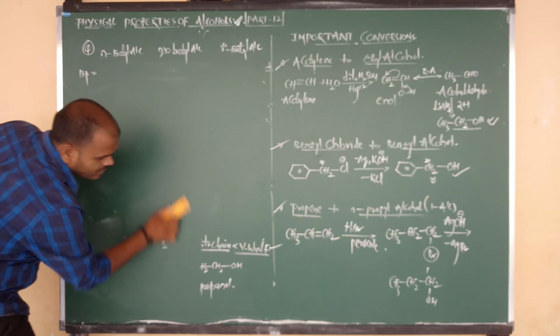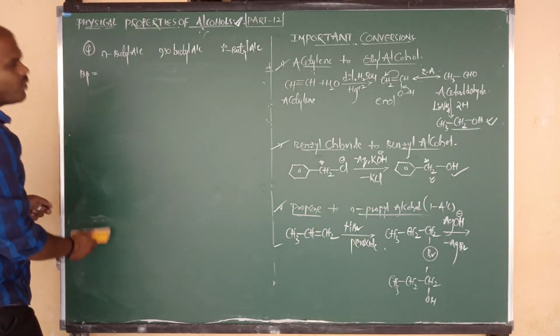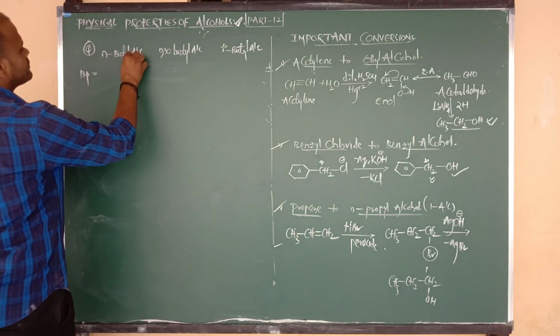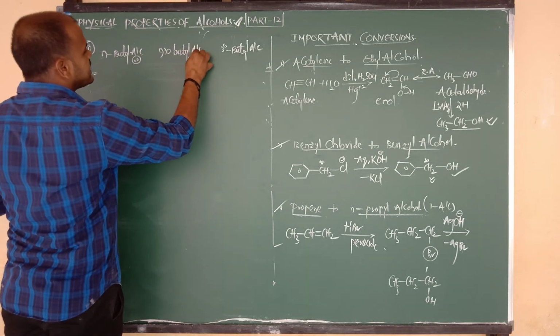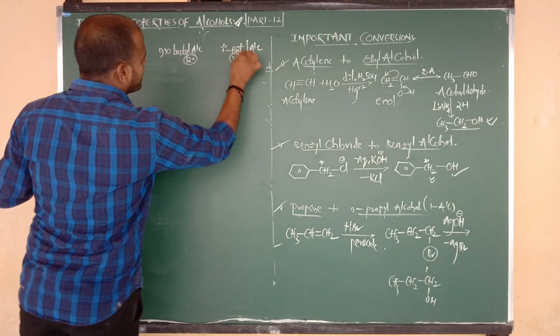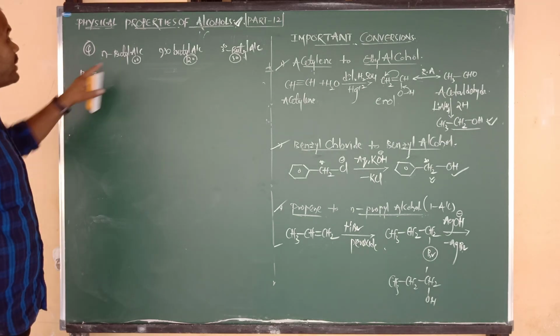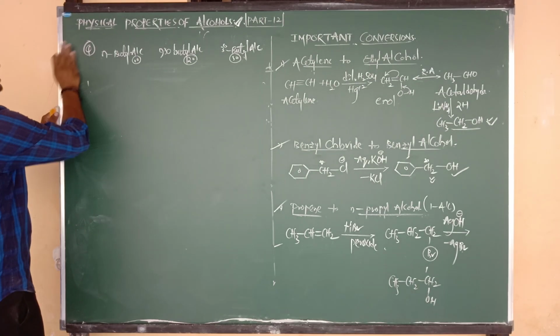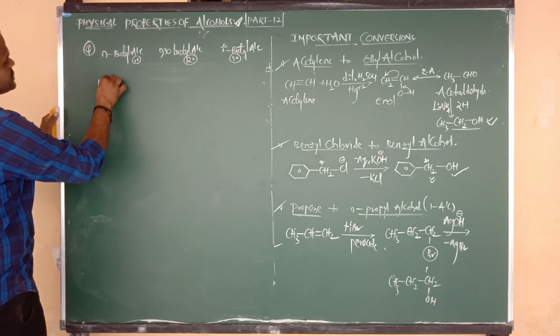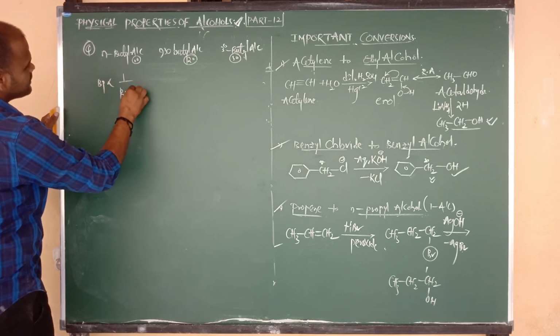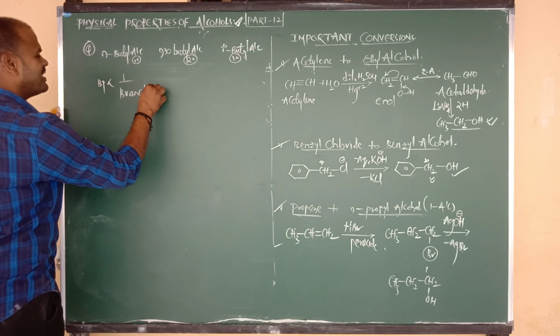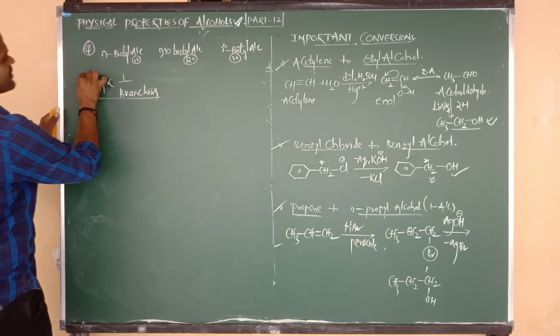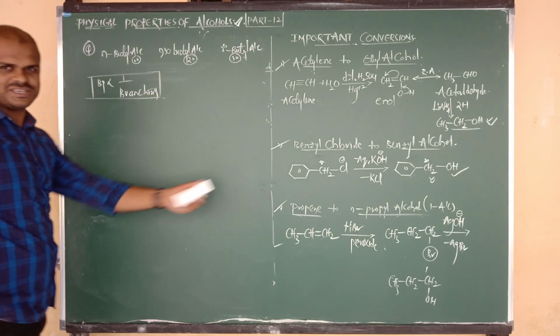Okay, right. So come on, in the three, one is purely a primary alcohol, one more is purely a secondary alcohol, and one more is what, beta? Tertiary alcohol. But all of them commonly contain a butyl group. So I want to say one condition: generally boiling point is inversely proportional to branching. Yes or no?